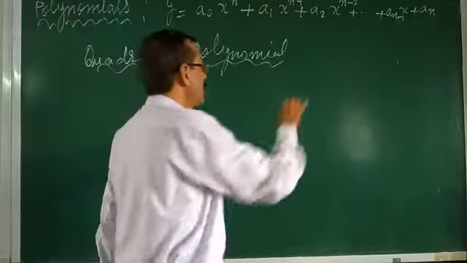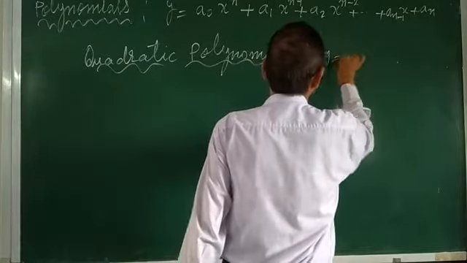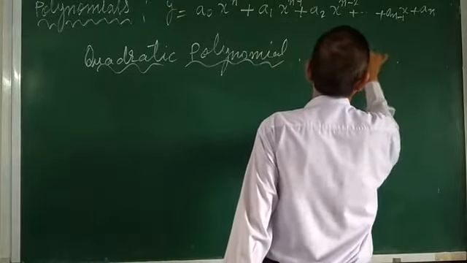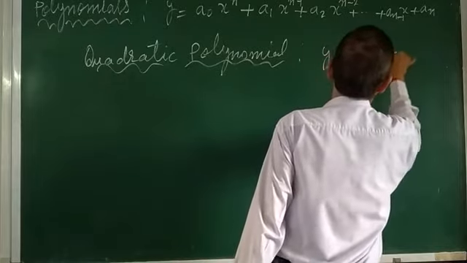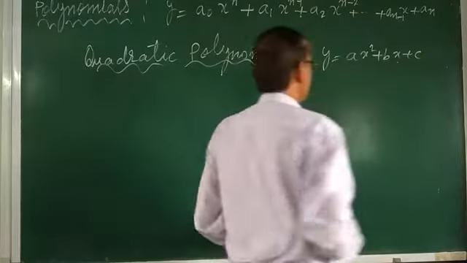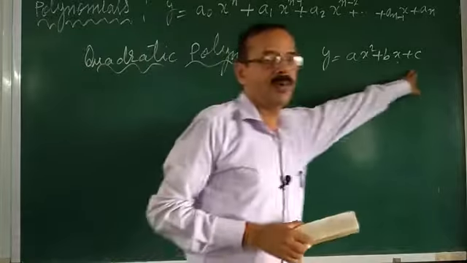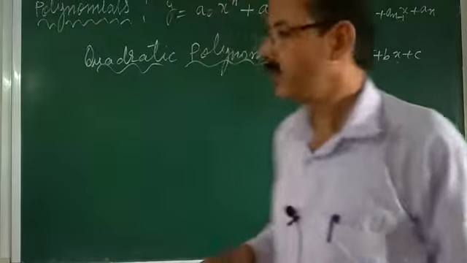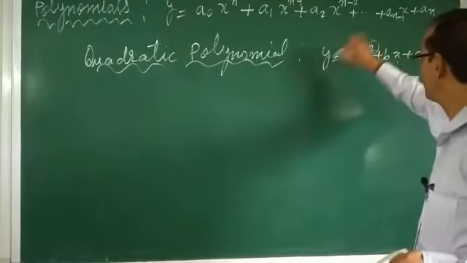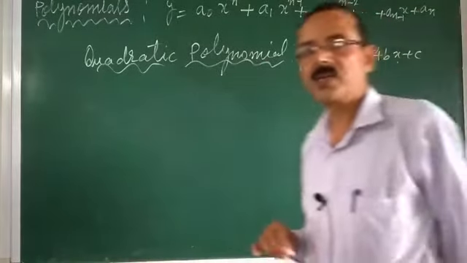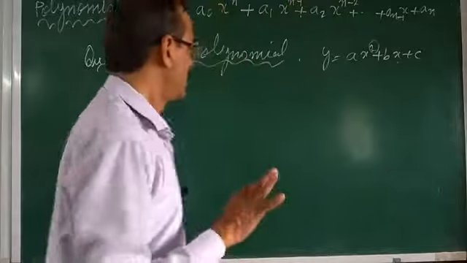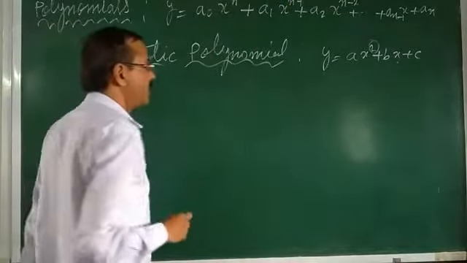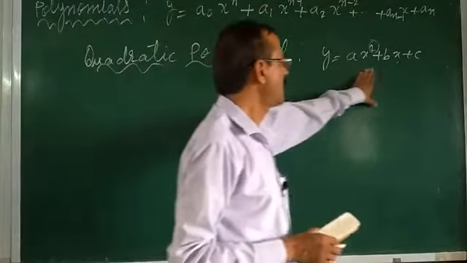As an example, y equals ax square plus bx plus c. This is a quadratic polynomial. So what is a quadratic polynomial? A polynomial whose highest degree is 2 is called a quadratic polynomial.